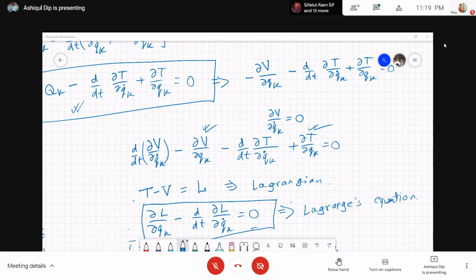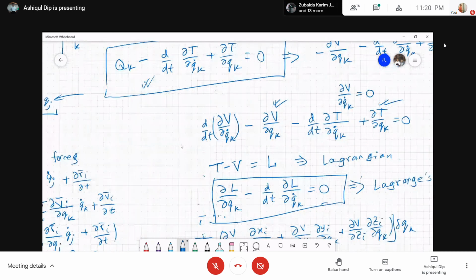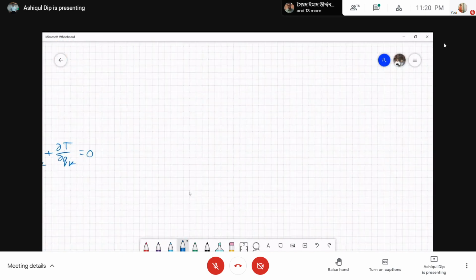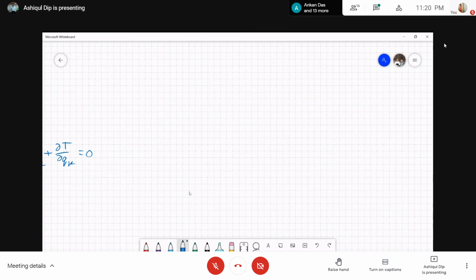No. If you're talking about real displacement... okay, I'm confused actually. What do you mean by real displacement? That you need to define. The path that the particle actually follows. Okay. So before solving the motion, do you know which path the particle is following?